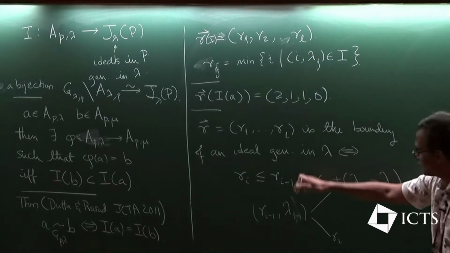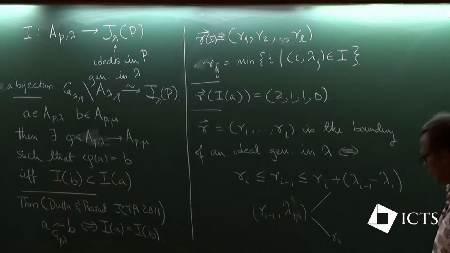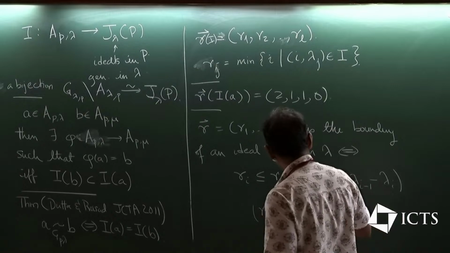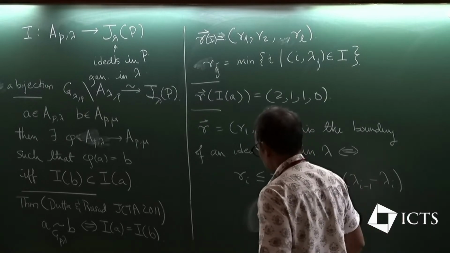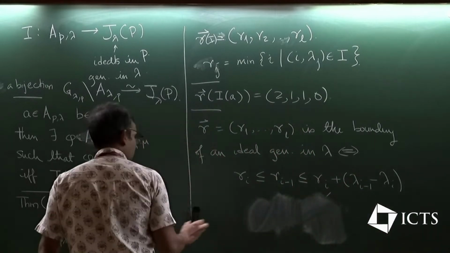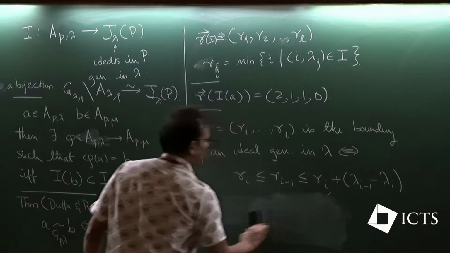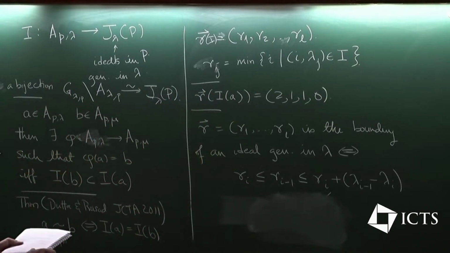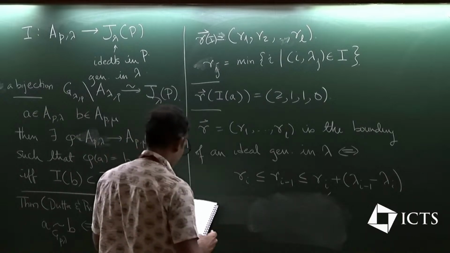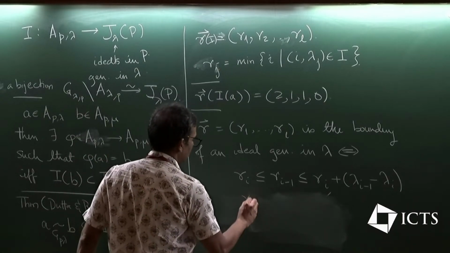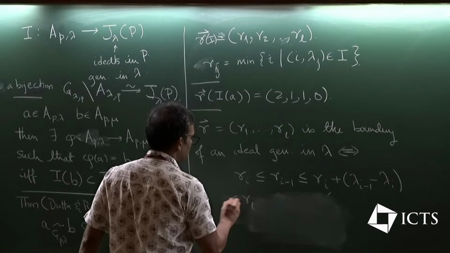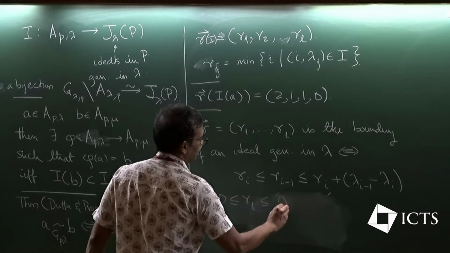These are the two extremes, and everything must lie in between. And to get this process started, you can start off with R_L. R_L can be anything between 0 and lambda_L.